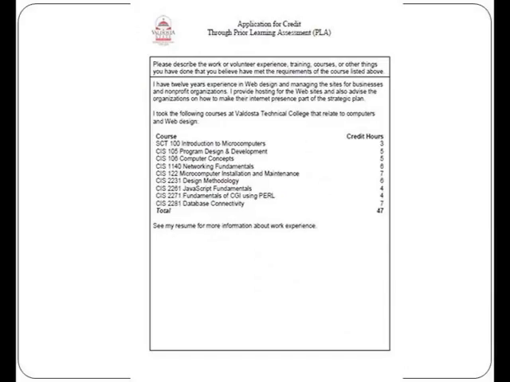The second page is a place where the student provides information about their work experience, training, and so forth. In this case, the student had actually taken quite a few courses at Valdosta Technical College, and so I listed courses that were similar to what the student had taken and showed the credit hours.